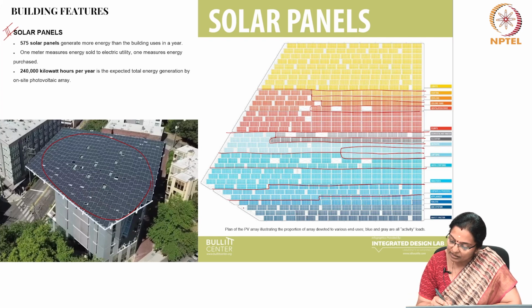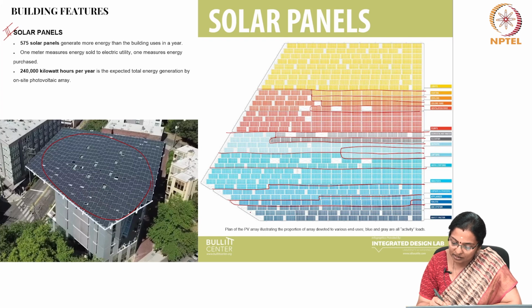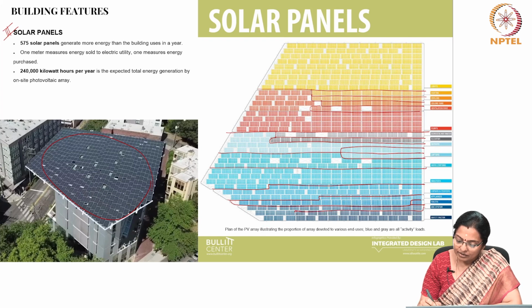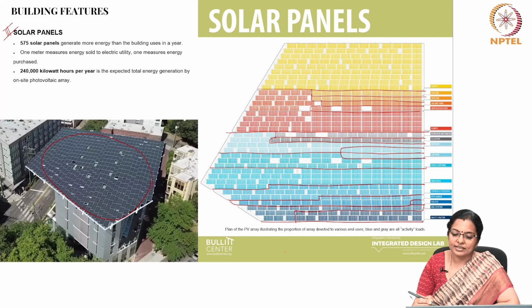Appliances use this much of the solar energy, and toilets and the other systems use this much. And as a safety factor, there is some solar energy also available in excess. So, this is the split up of the proportion of solar energy used in this building.